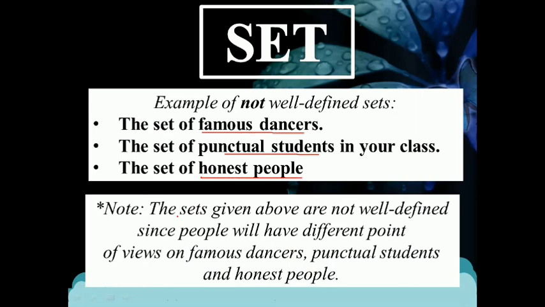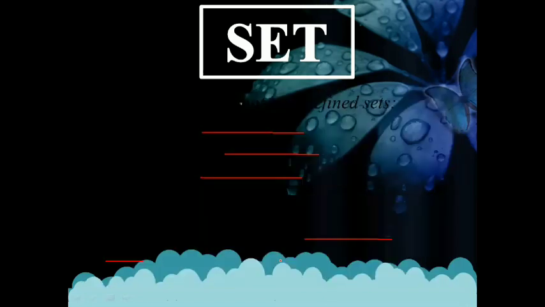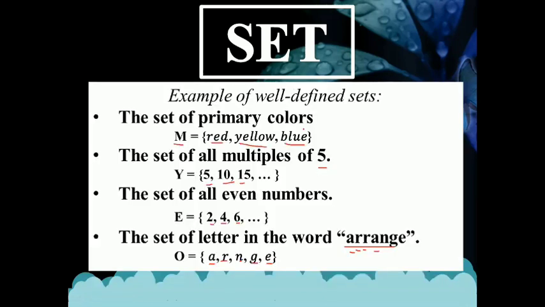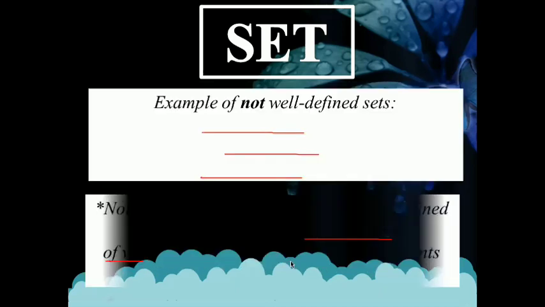The sets given above are not well defined since people will have different points of view on famous dancers, punctual students, and honest people, compared to the earlier examples of well-defined sets, where we really have an answer. So that's it.